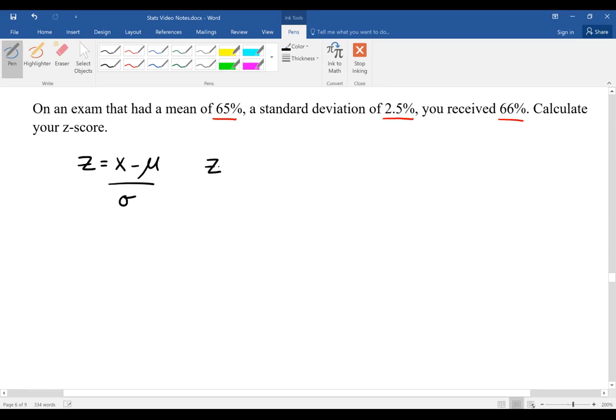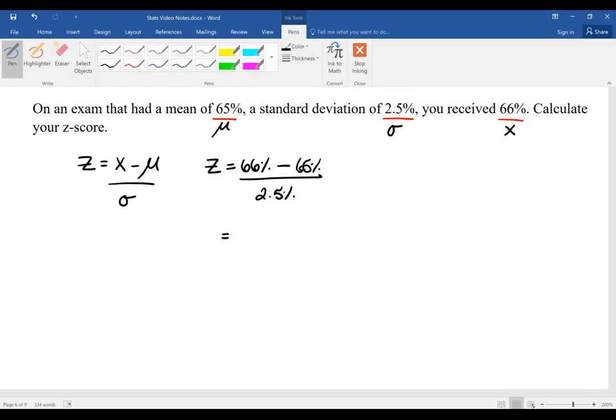My z-score is x, the particular value we got on the test, which is 66%, minus mu, which is my mean, and then we divide by the standard deviation, which was given as 2.5%. What I get for an answer is 0.4. So this means I performed at 0.4 standard deviations above the mean.